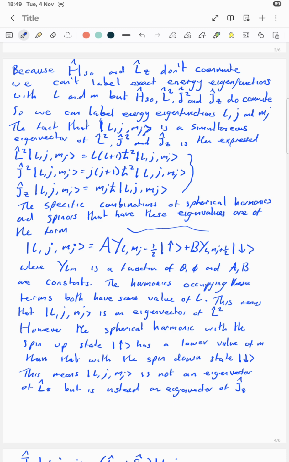The harmonics in these terms both have the same value of L. This means that L, J, MJ is an eigenvector of L squared. However, the spherical harmonic with the spin-up state, given in Dirac notation here with the arrow, has a lower value of m than that with the spin down state. This means that L, J, MJ is not an eigenvector of Lz, but is instead an eigenvector of Jz.